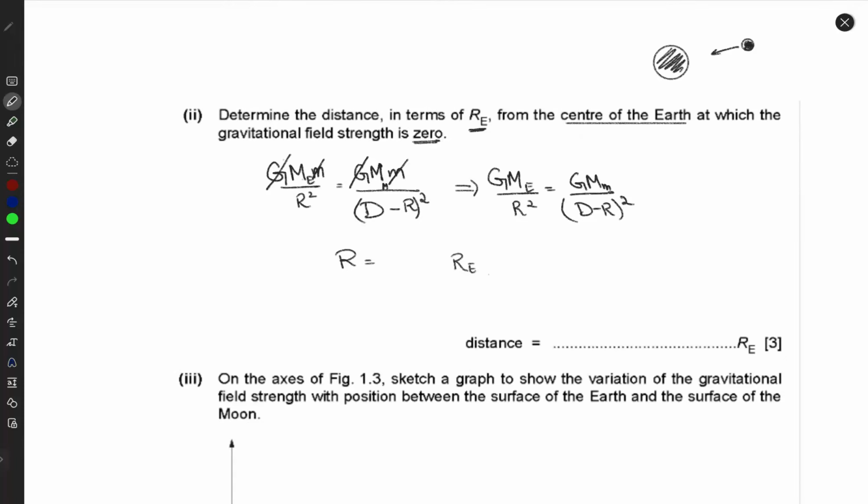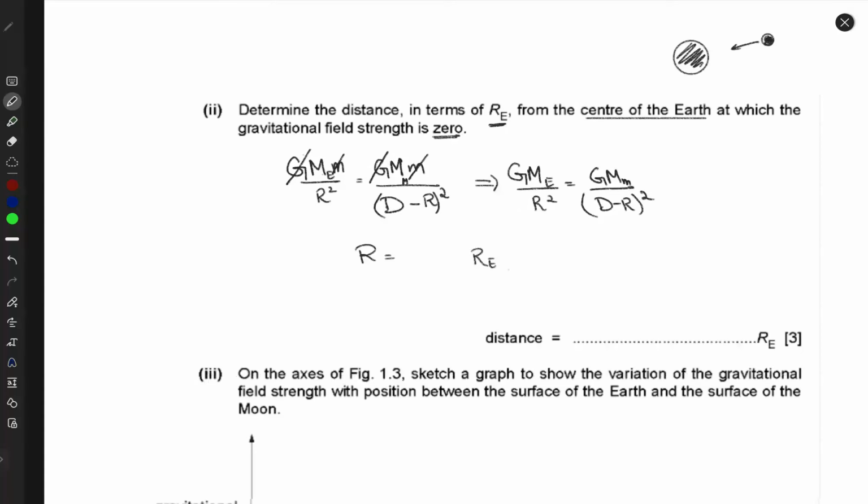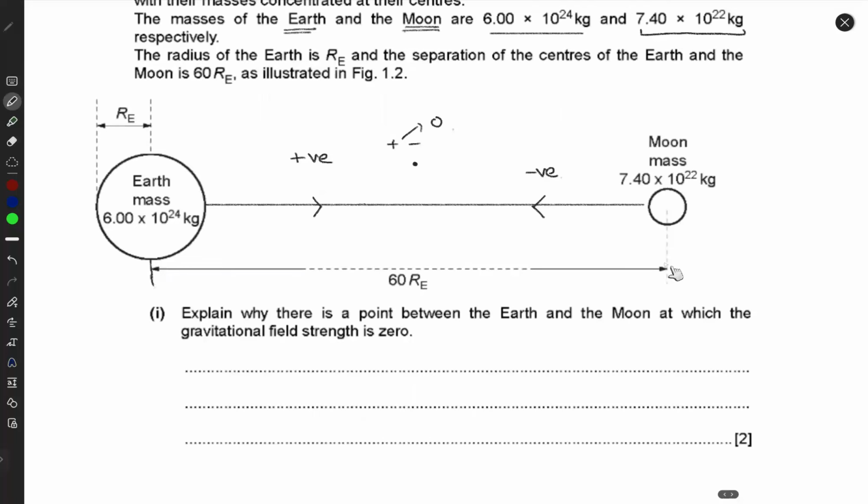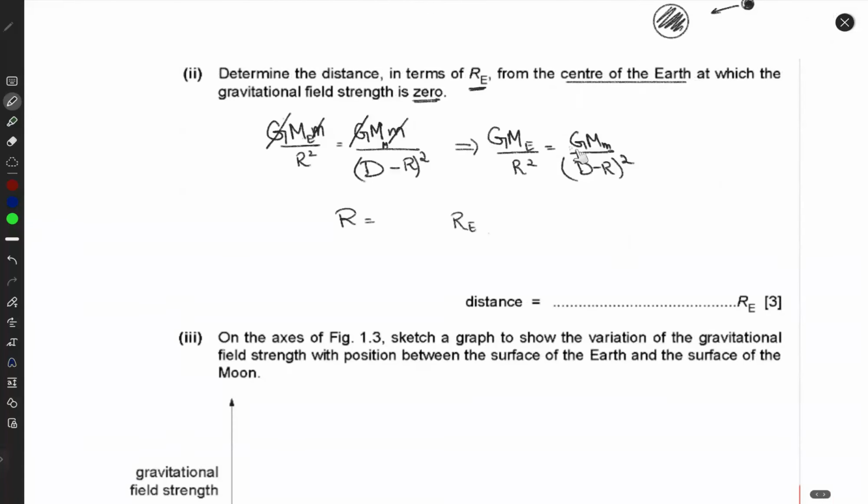So is that clear? What would be the value for D, by the way? It's this total distance, right? So in place of D, you will put 60 RE. And so that's where you get this in terms of RE, and then you'll get a value by solving this equation.